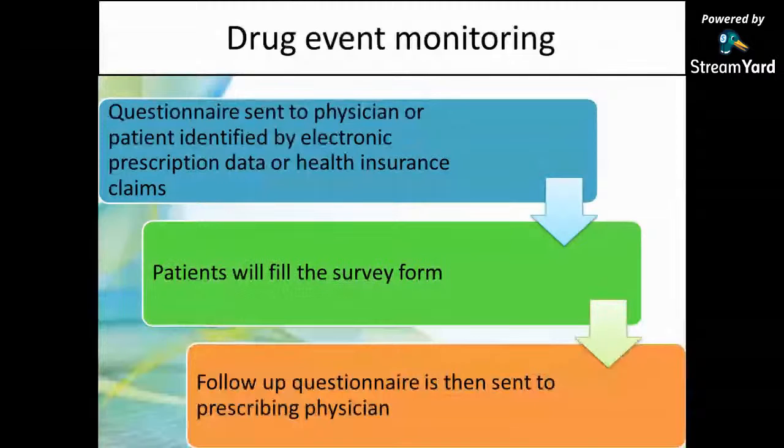Now, in certain forms or certain cases, again, the information is not complete. For example, you don't know the final outcome of the patient. You don't know the final outcome of the disease. So in such a condition, a follow-up questionnaire form needs to be sent to either the physician or the patient.